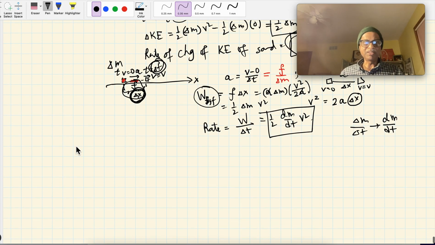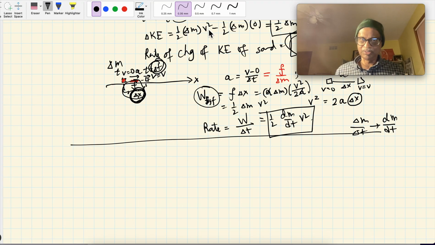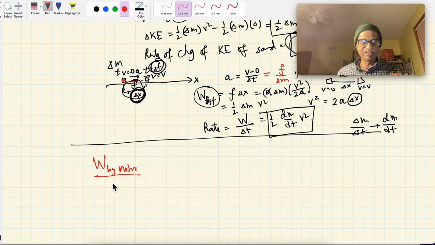So it turns out what the motor is doing in this problem, very interestingly, is the work by motor in time delta t. So this is the power of the motor.